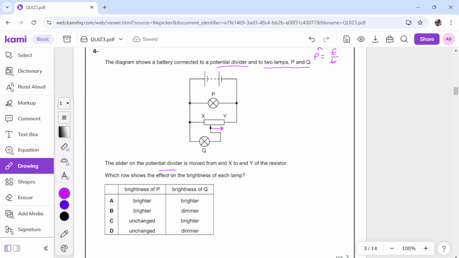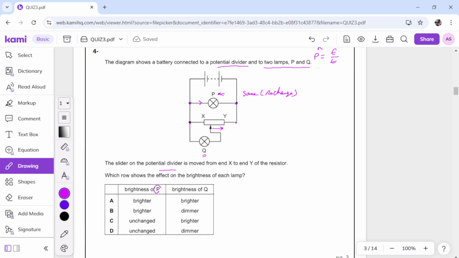He asked about lamp P. As you see, the lamp between the branch and XY, we have a parallel connection. In a parallel connection, voltage is the same, doesn't change, and also the current in this branch doesn't change. So this is why the brightness of P will stay the same. No change in brightness for P.